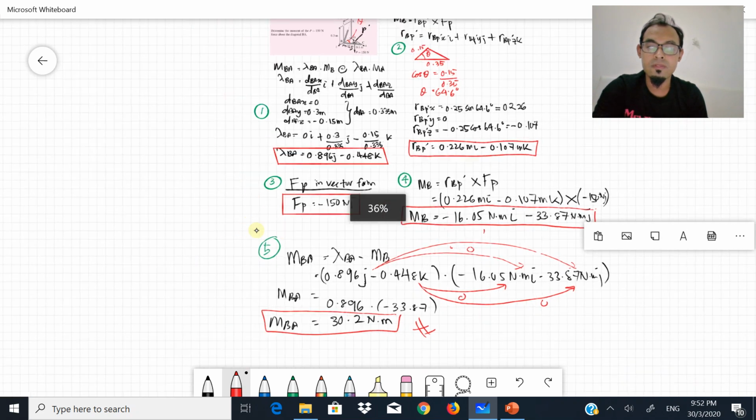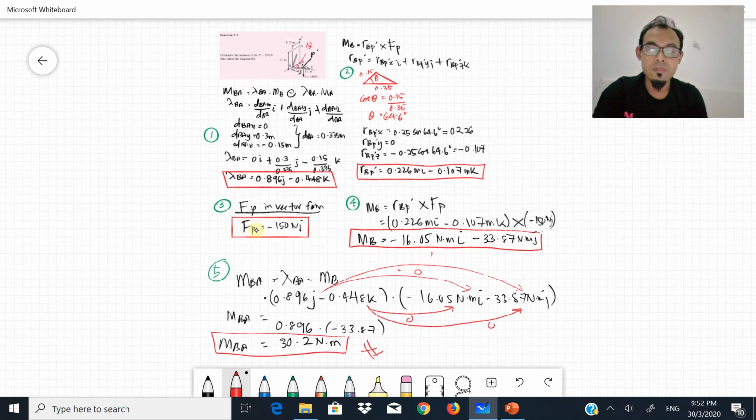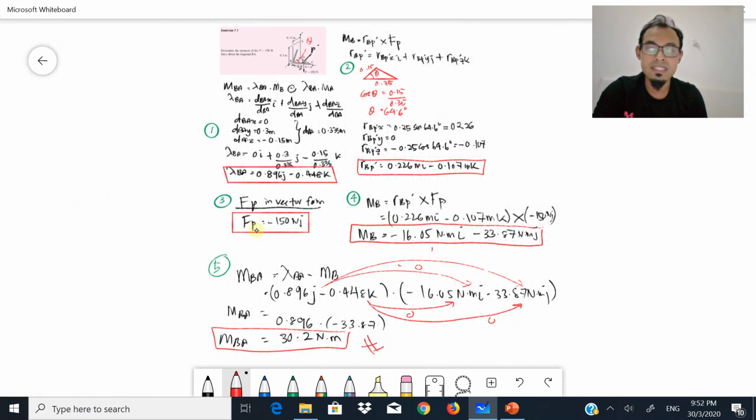The most important thing is how to find the vector lambda and the vector form of the moment. You must know how to find it. It's not very difficult as long as you spend more time on exercises.